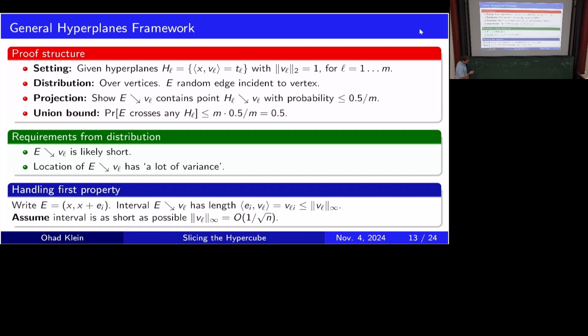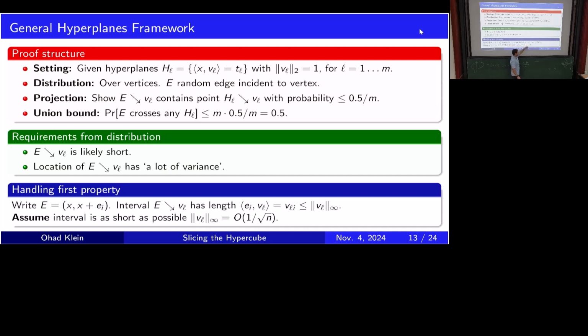Now, I just want to say that the first requirement is a non-issue, and what we are going to do in this talk is just to assume that all our normal vectors are generic, in the sense that the L infinity norm of our normal vectors is about 1 over square root of n.